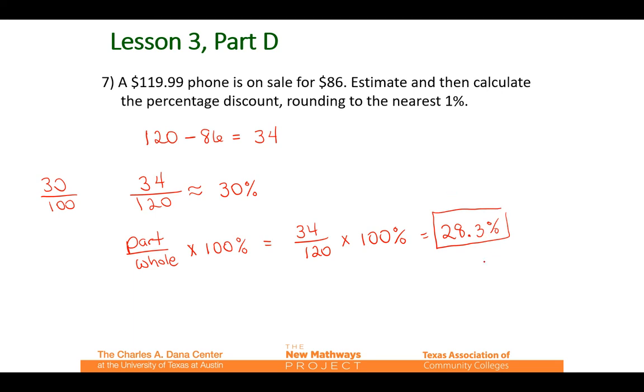Oh, they want us to round it to the nearest percent. So if I round it to the nearest whole percentage, my 30% estimate was pretty good. Wasn't exact, but it was pretty close.